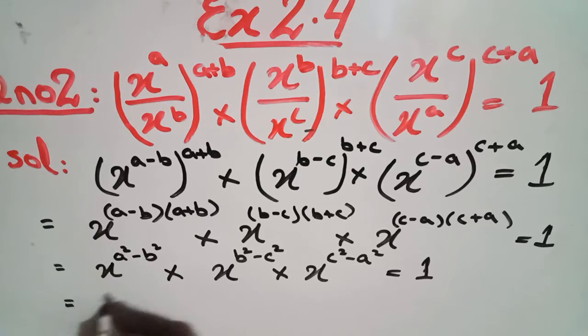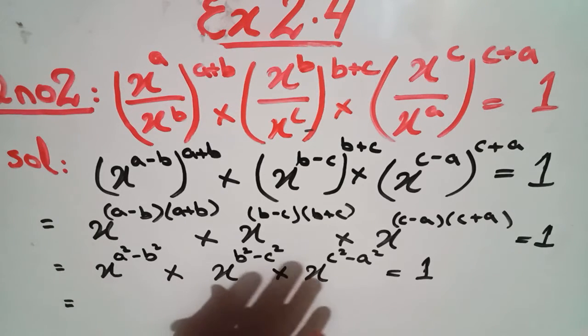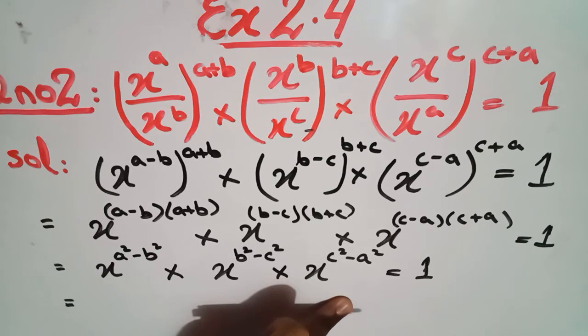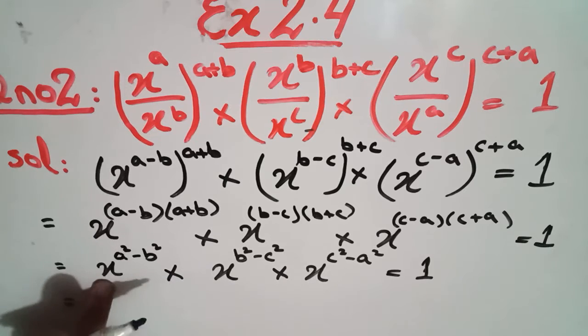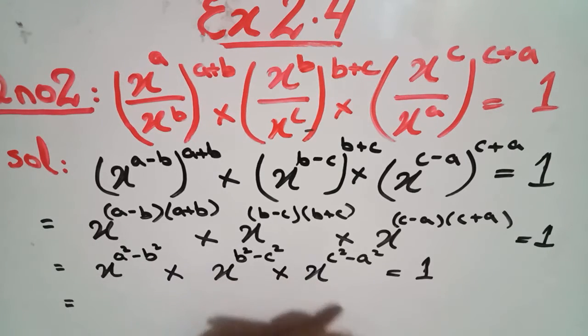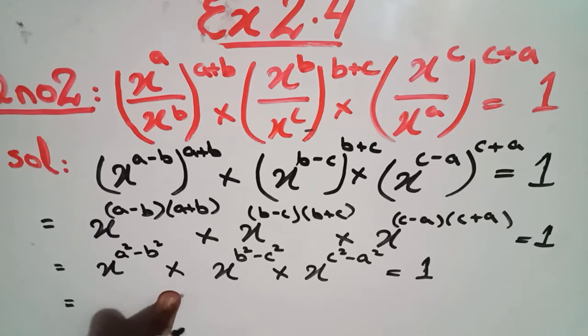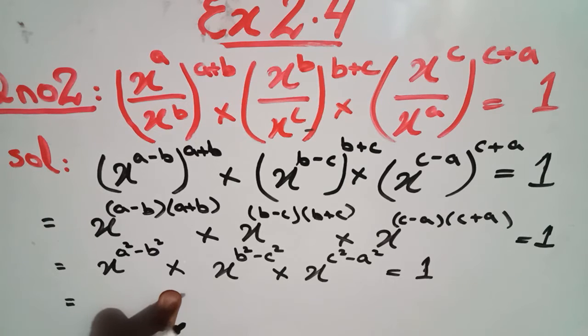So now all the variables have the same base, x, x and x, and as you know, if the variables have the same base, the powers will add or subtract. In the multiplicative case, the powers will be added.